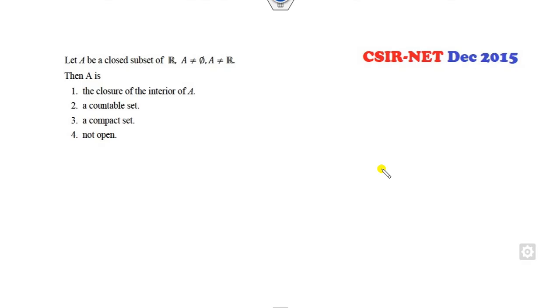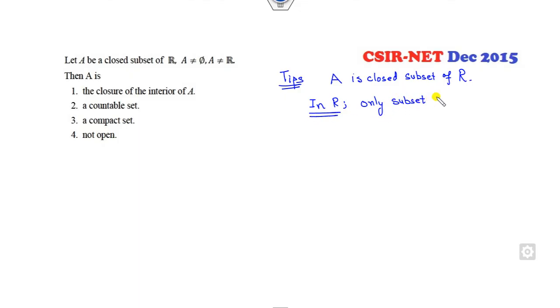A is a closed subset of R, sorry. First tip: we all know in R the only subsets which are open and closed, can you tell me what they are?